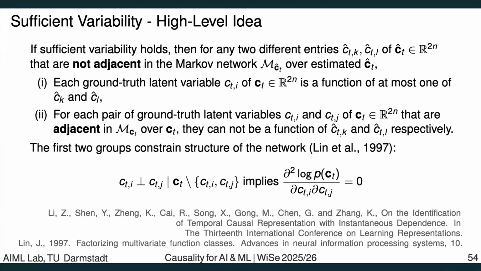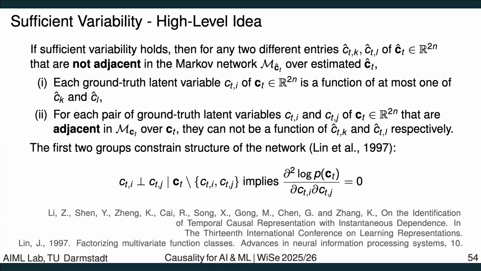So this tells me I have at most one parent in C_K or L. And the other thing tells me that I can't have disconnected variables in those Cs, so I always need one parent at least. Oh no, it's the other way around, sorry. So the one tells me I need at least a parent, the other one tells me I can't have more than two.